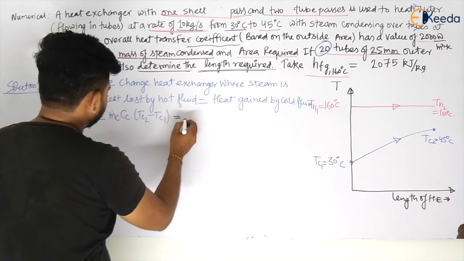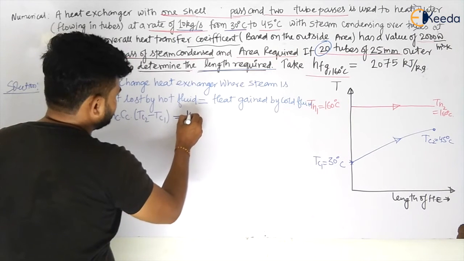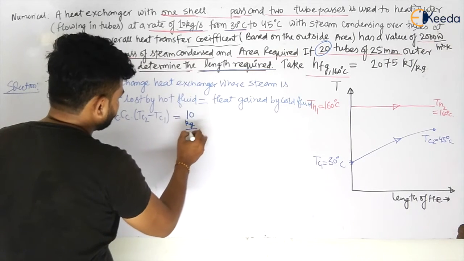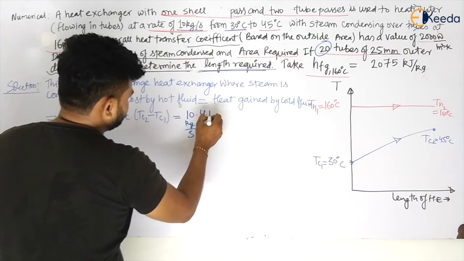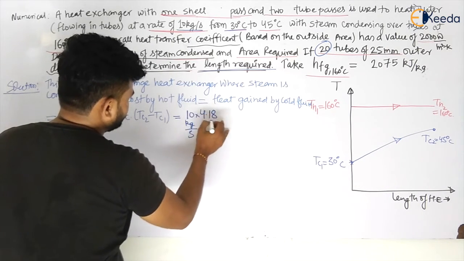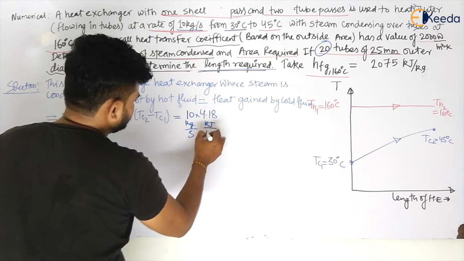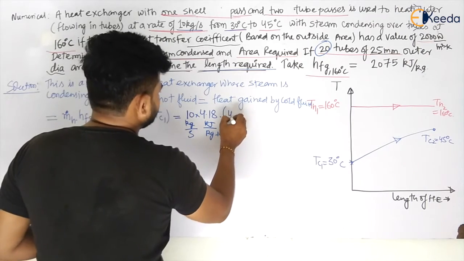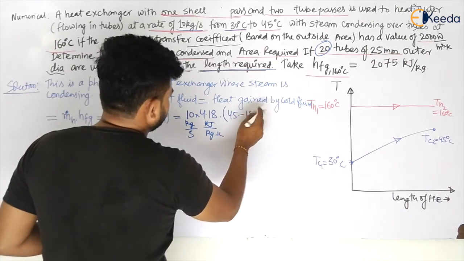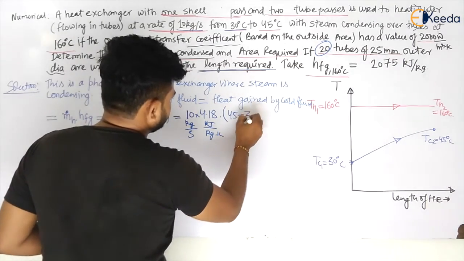So m dot c is 10 kg per second multiplied by c_c for water, we can take 4.18 kilojoule per kg Kelvin, multiplied by Tc2 minus Tc1, 45 minus 30, that is 15.